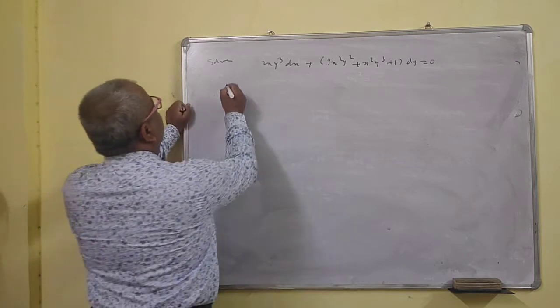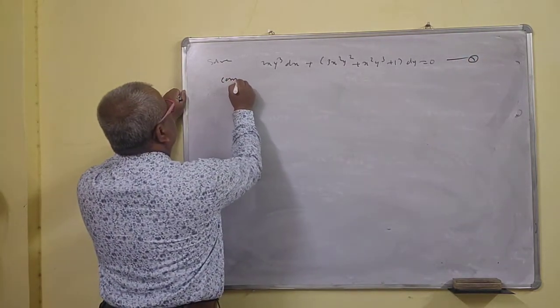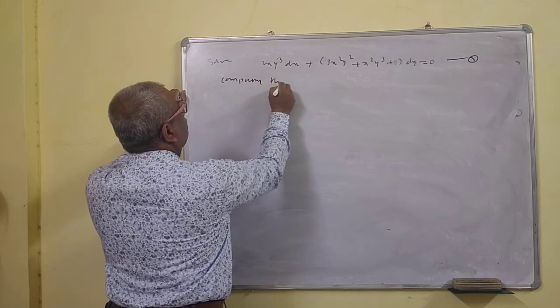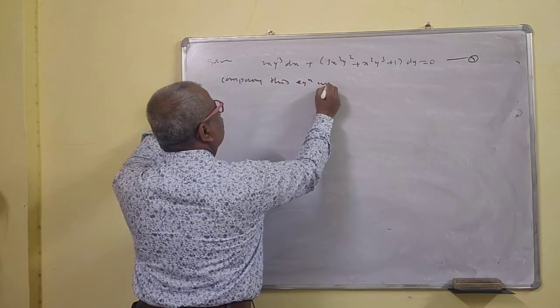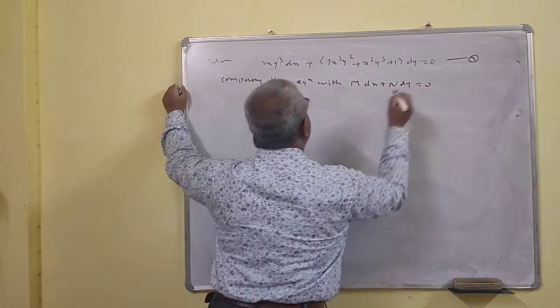Okay, comparing this equation, we call this as 1, with m dx plus n dy is equal to 0.